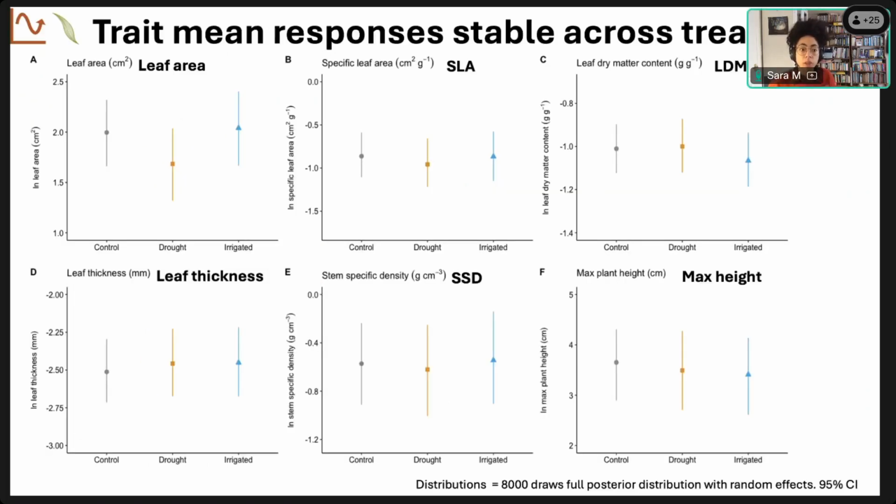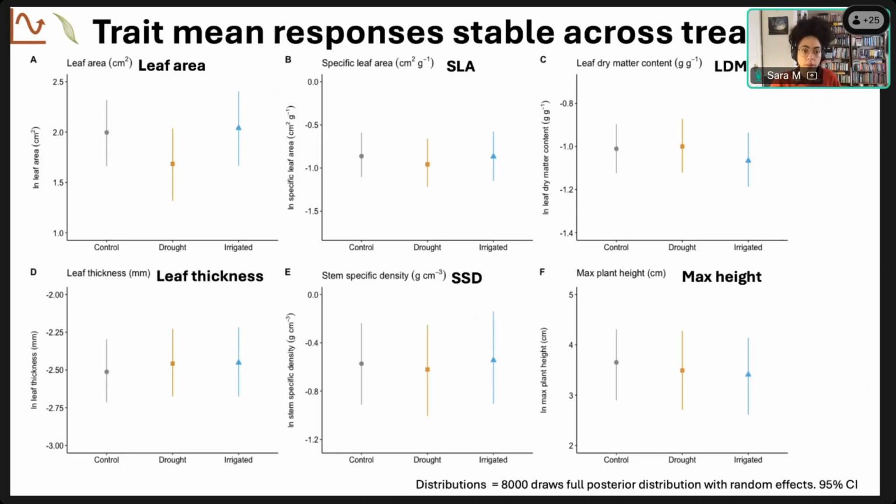In terms of looking at the mean trait responses, it's stable across the treatments, as you can see here. Remember these pooled controls, so you have control, drought, and irrigation, and then for each variable, as you can see, there isn't really a strong difference in the means.